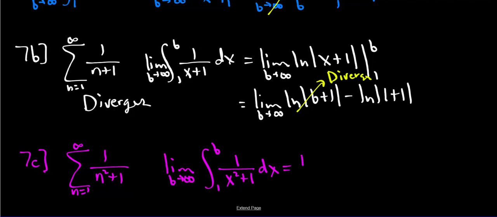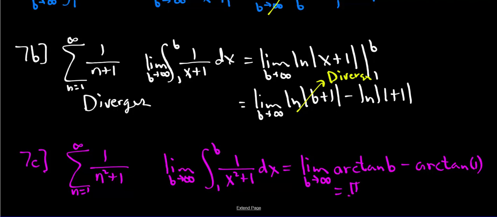And this one is going to be the limit as b goes to infinity of arctan of b minus arctan of 1. You know, I went through it fast, but the antiderivative of 1 over x squared plus 1 is arctan. Now we know that this right here is pi over 2 minus pi over 4. So it looks like we got pi over 4. So that's a number. This converges.